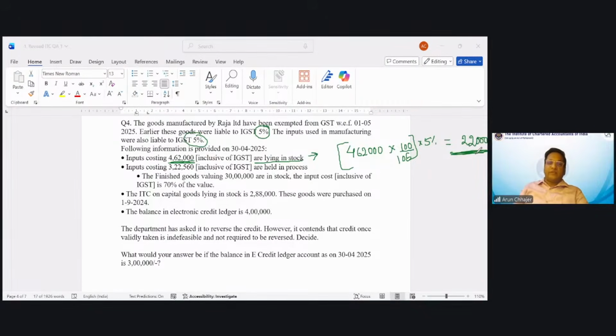Fine. Let's move further. The input in process, that is WIP, is 3,22,560. Calculate the amount of GST involved in that.